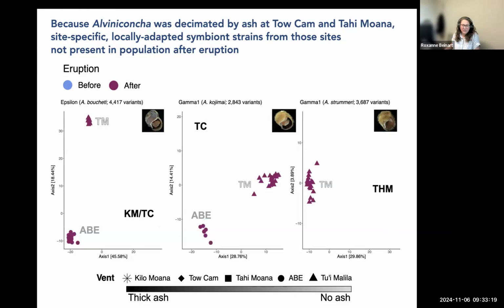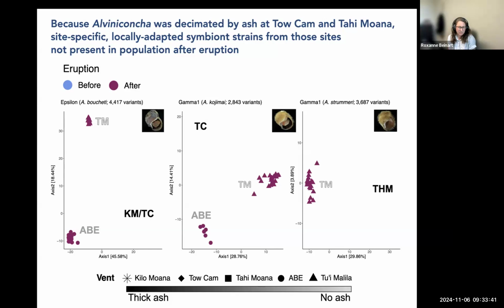And unsurprisingly, what we see is the loss of these populations from our plots here. So for example, Kilo Moana and Tow Cam had their own strains of bacteria, and those strains are no longer around when we look in the animals after the eruption.